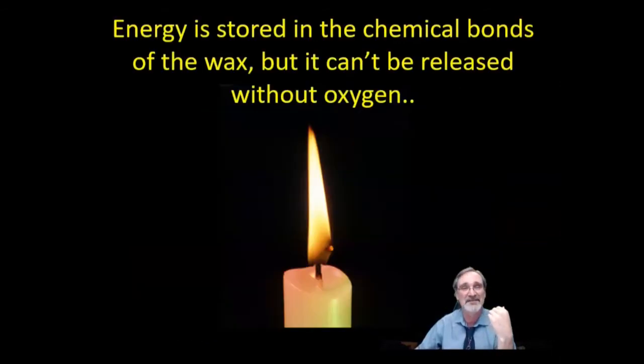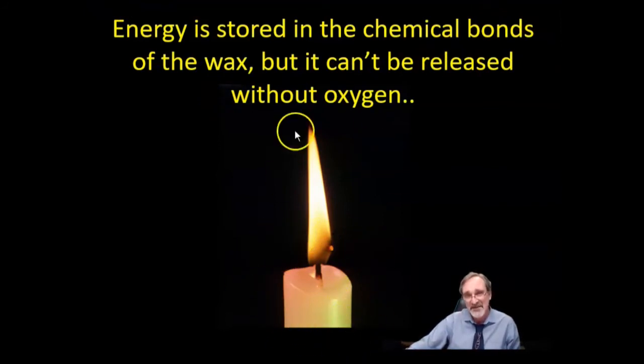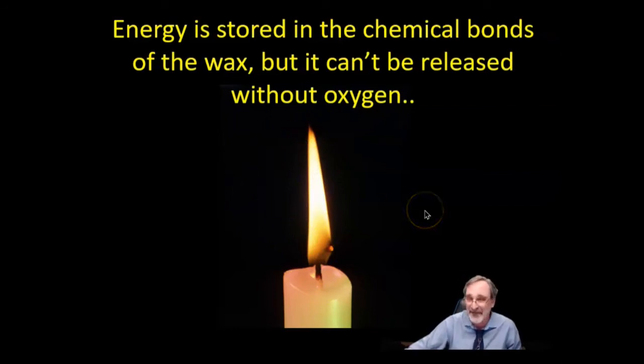That's the same as us, okay? So energy is stored in the chemical bonds of the wax, but it can't be released without oxygen. So that's what combustion is. This burning of the wax is combining the wax molecules with oxygen from the air, right? And you can't have the flame unless you have the oxygen, right?